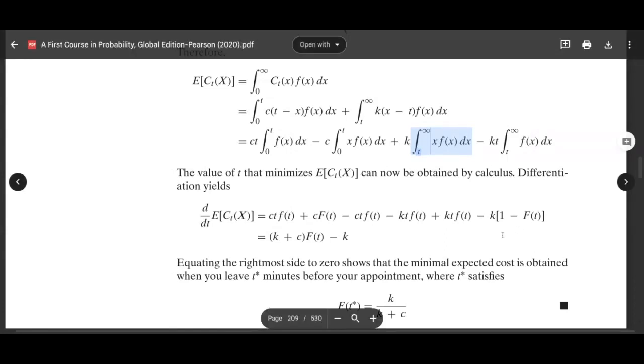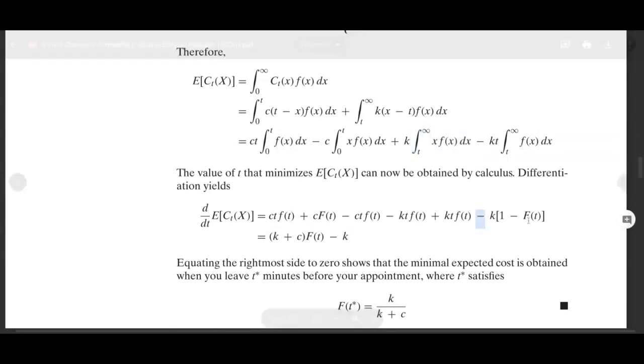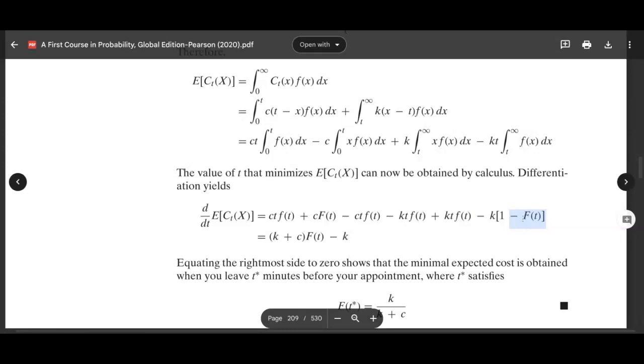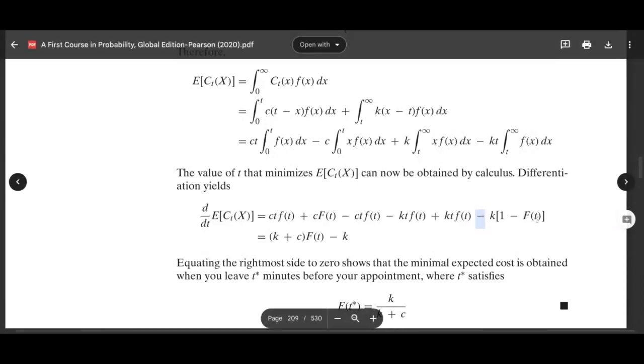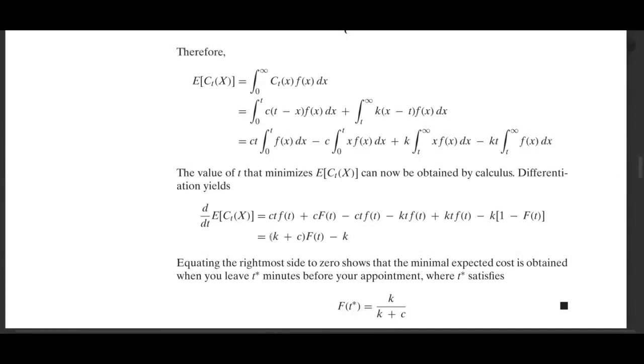Oh, okay, they play the trick. You see, the negative is hiding here. So if we don't do the negative, that should be K f of t, then minus K. All right, then simplifying, we get K plus C times F of t minus K.